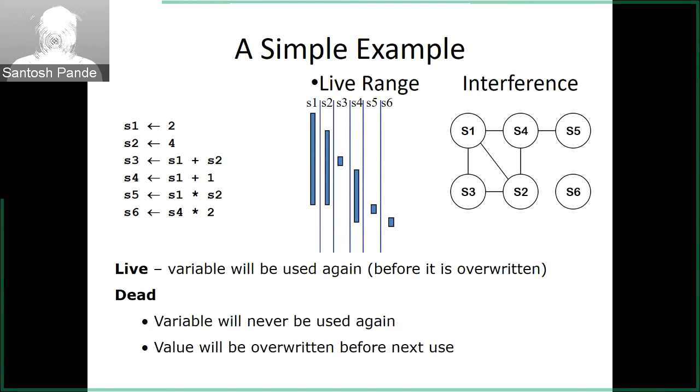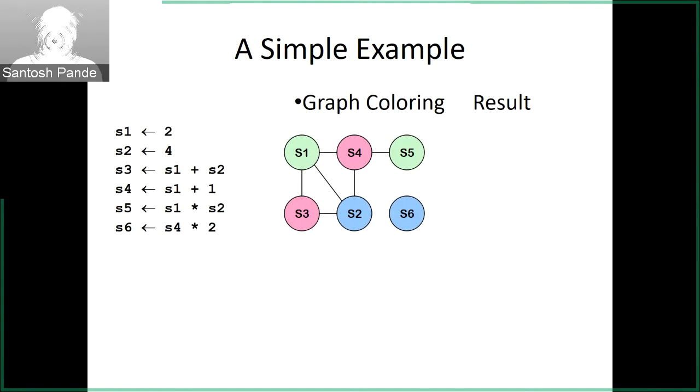And then the next thing that we saw was how to color this in a legal manner. That means if two nodes are sharing an edge, they cannot have the same color. So under this constraint, we want to fit this graph or color this graph with the available number of registers. Coloring means giving a register to that particular live range.